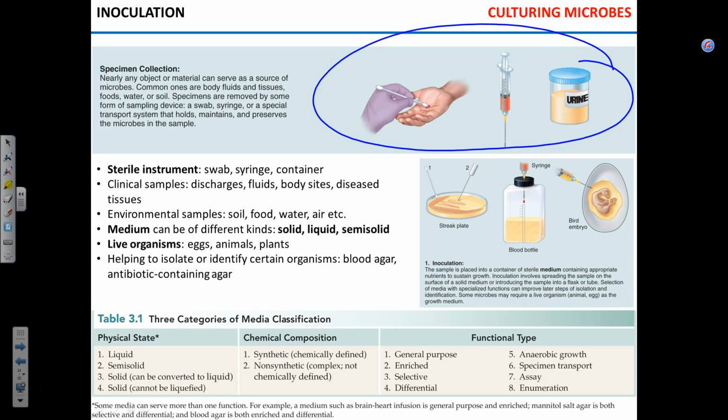In some cases, people collect lacrimal secretions, tears. You can collect CSF, cerebrospinal fluid. You can collect gastric juice. You can collect biopsies. You name it. Really, you can collect virtually anything. Now, this is something very important.